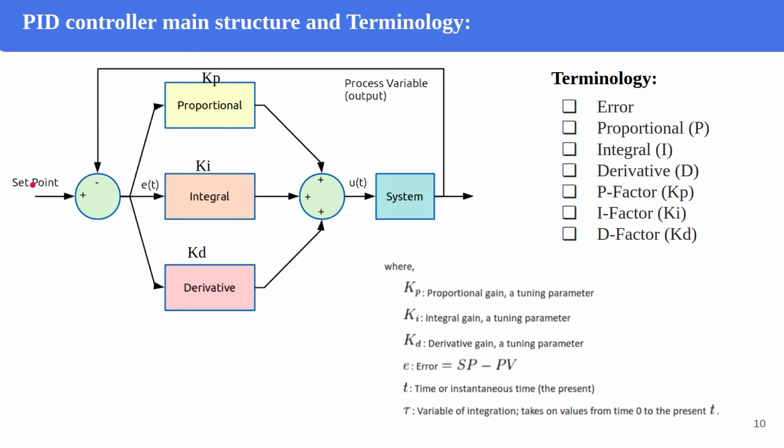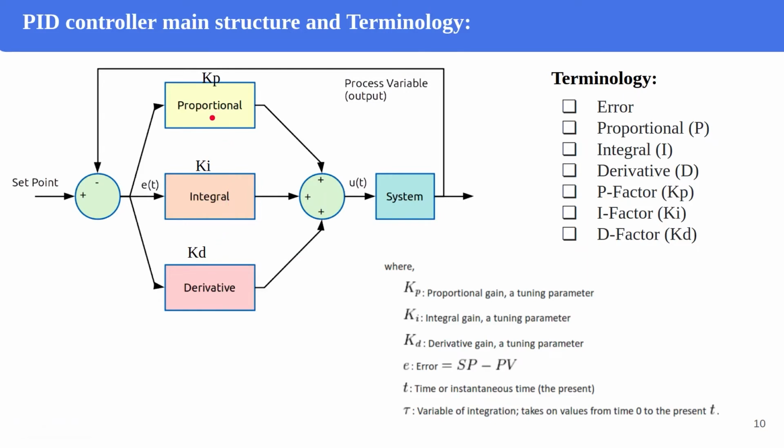The controller tries to minimize the error by adjusting the process through the use of manipulated variables. Here we have three control terms: the proportional or P, the integral or I, and the derivative or D.